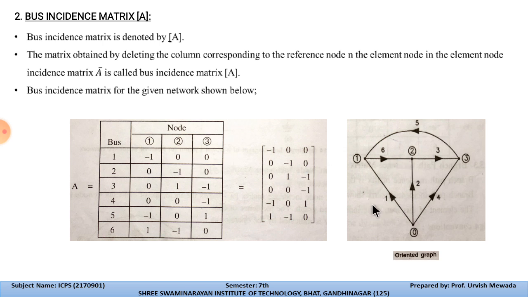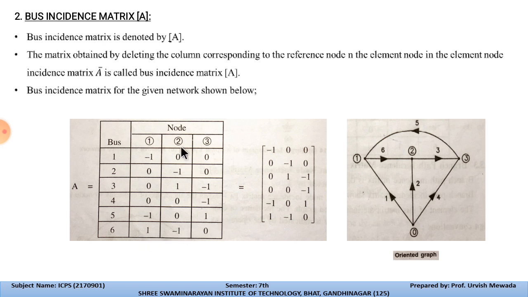There is no connection of element number 1 with 3, so it is taken as 0. Now we'll take element number 6. Here check element number 6, it is going away from node number 1, so it is positive.